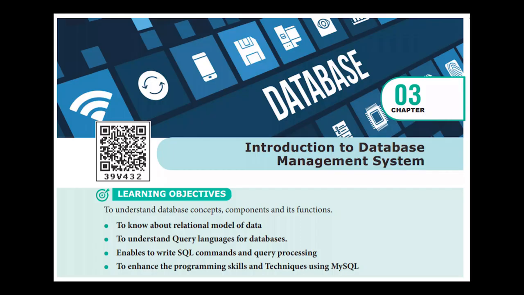Then we saw the database models: hierarchical database model, network model, relational model, and object-oriented database model. Then we saw the relational database management system, its basic concepts and RDBMS jargons: the database, columns, rows, and tables.